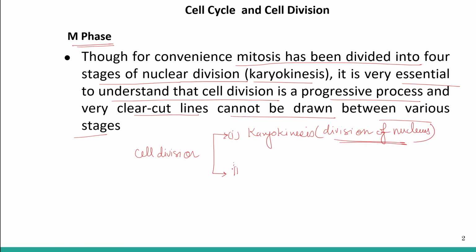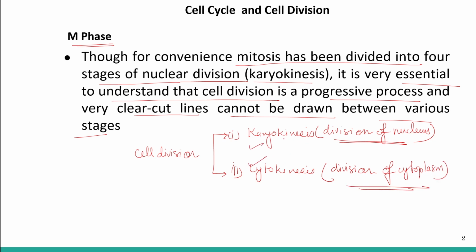The next one is cytokinesis. In this, division of the cytoplasm occurs. After the division of the nucleus, division of the cytoplasm also occurs. So these are the two important steps.